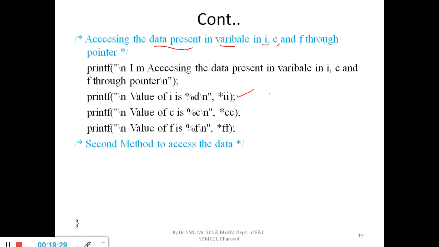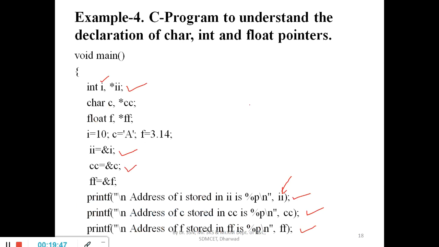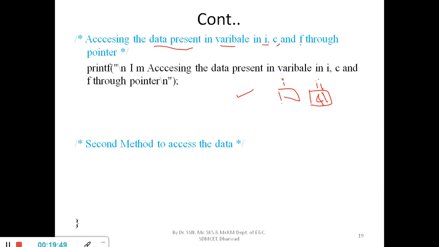What is *ii? There exists a variable ii which holds the address of i, and i contains the data. In this case, i holds the value 10.